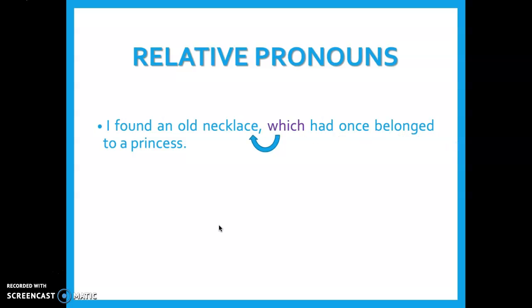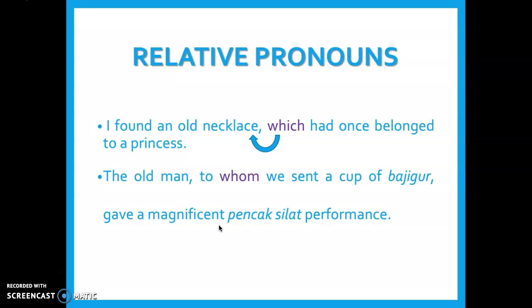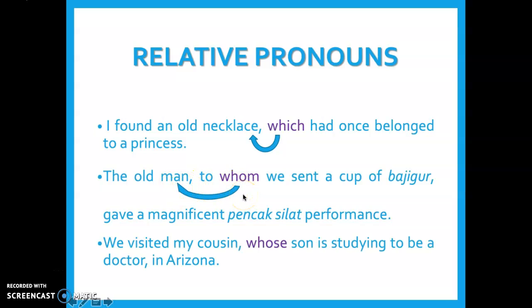Another example: I found an old necklace which had once belonged to a princess. Which is the relative pronoun connecting this clause with that clause. And another example, the old man to whom we sent a cup of bajigur gave a magnificent Pencak Silat performance. So whom refers to an old man, and it connects two clauses. And the last one is whose, connecting a son studying to be a doctor, and we will see it like this.